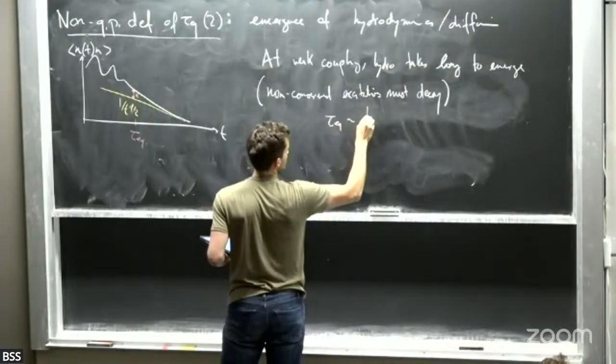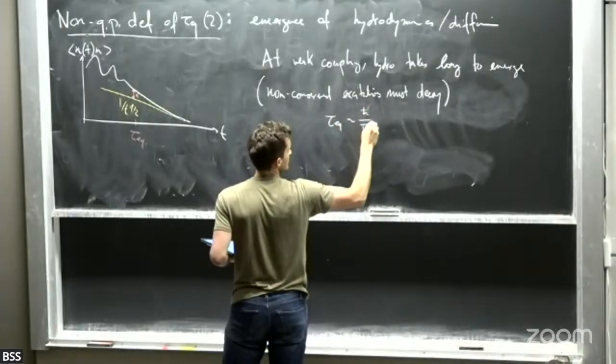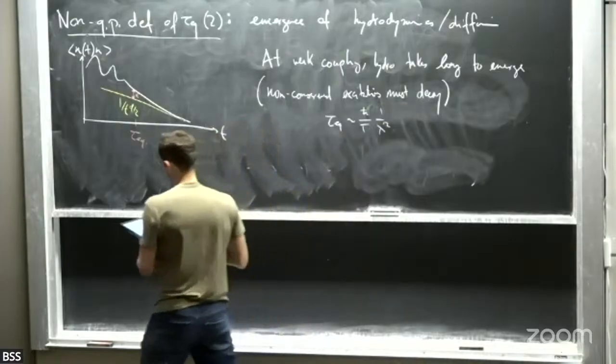So tau-eq is very large at weak coupling.